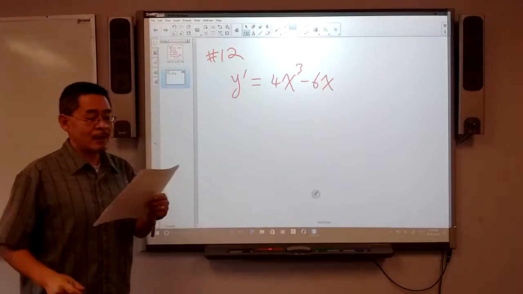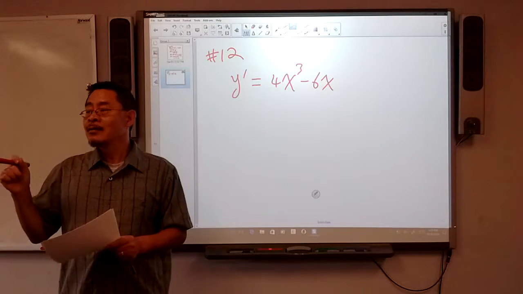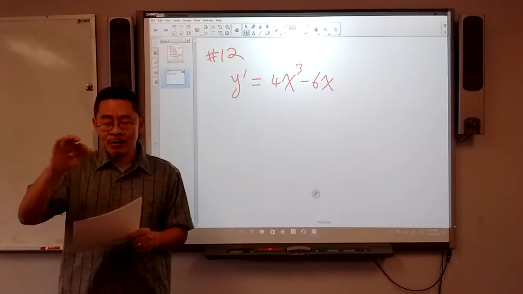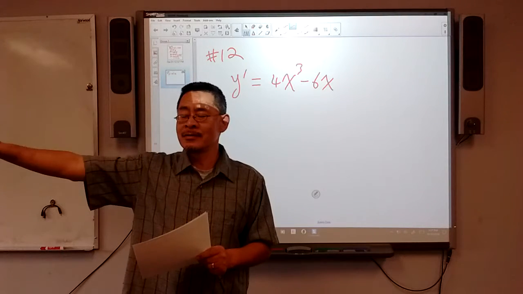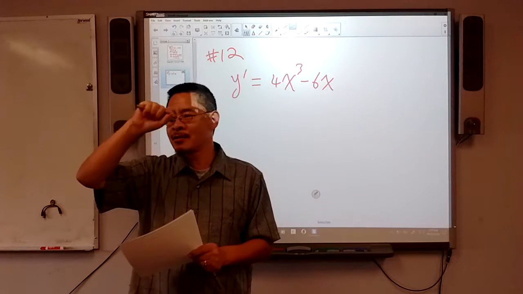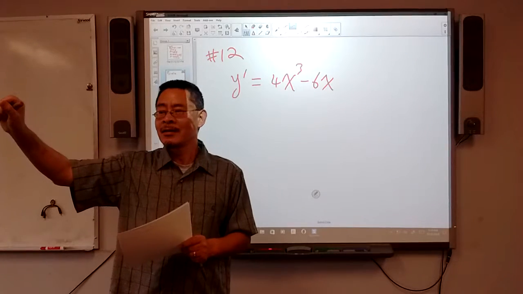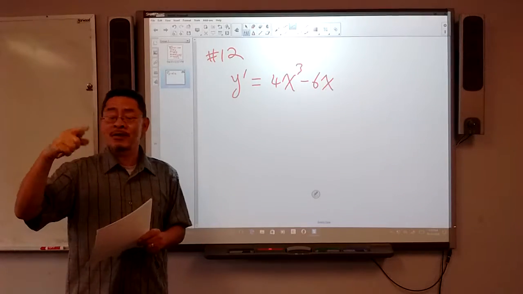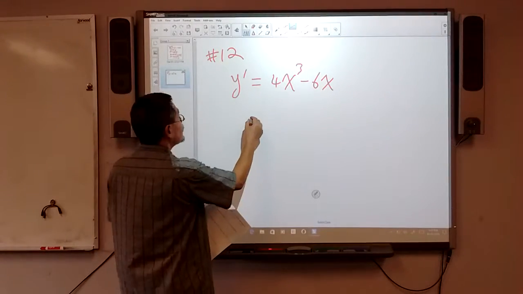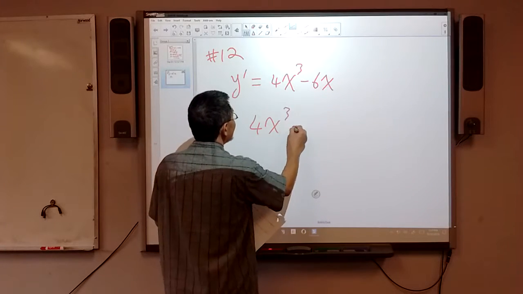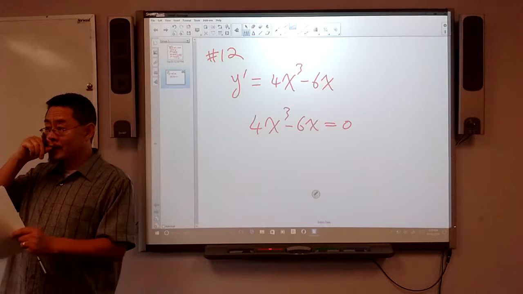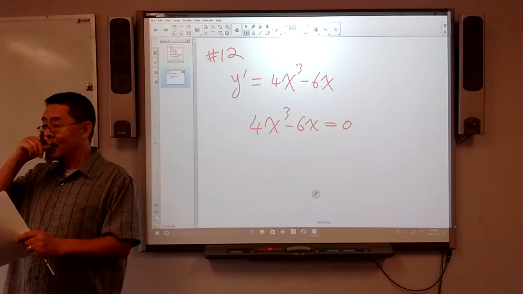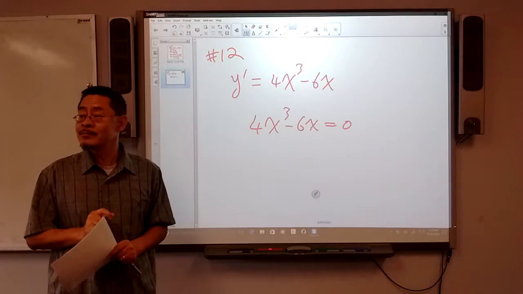How do we find the x coordinate where the tangent is a horizontal line? Set it to 0, because the derivative is 0. So 4x^3 minus 6x equals 0. We good on this one? Okay.